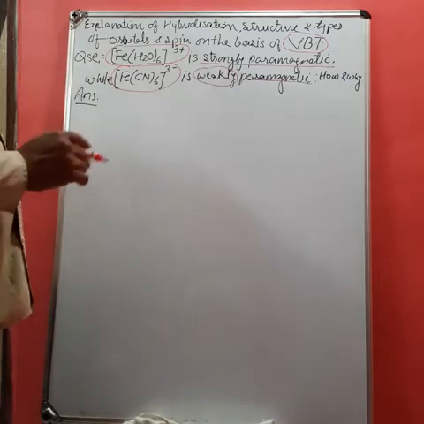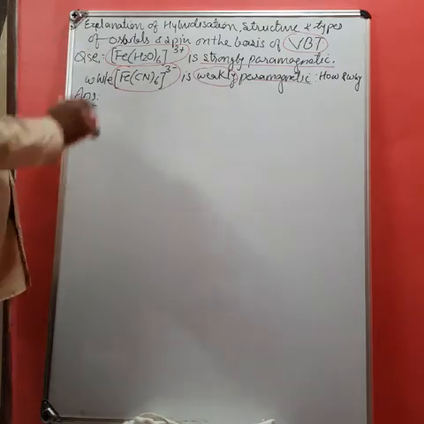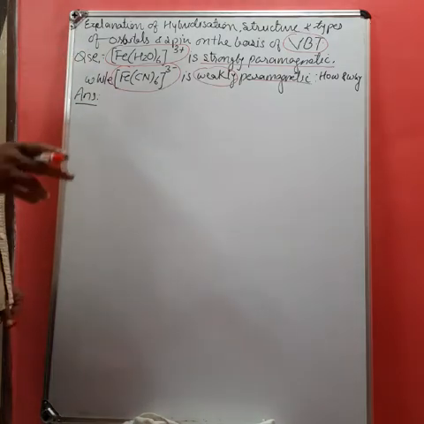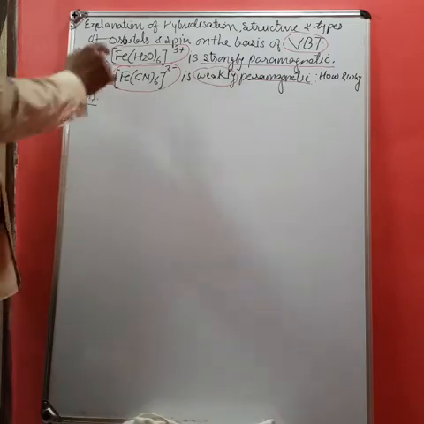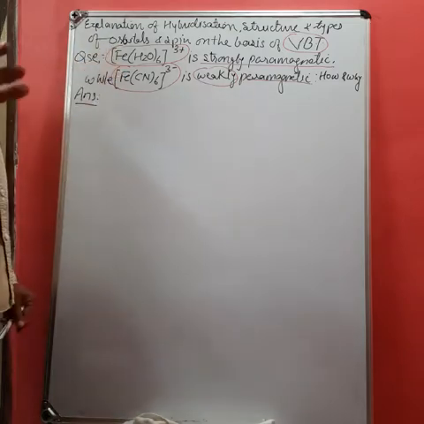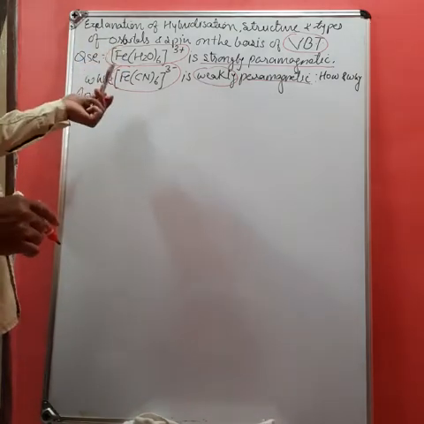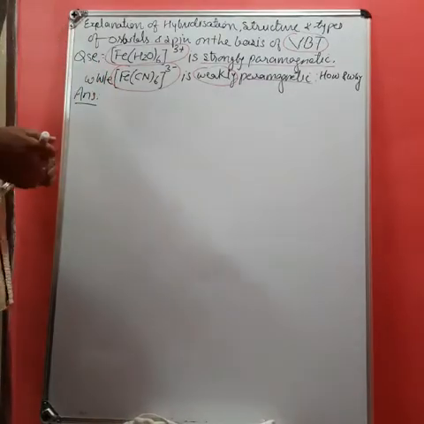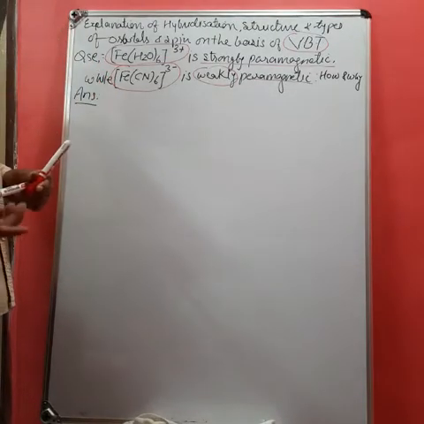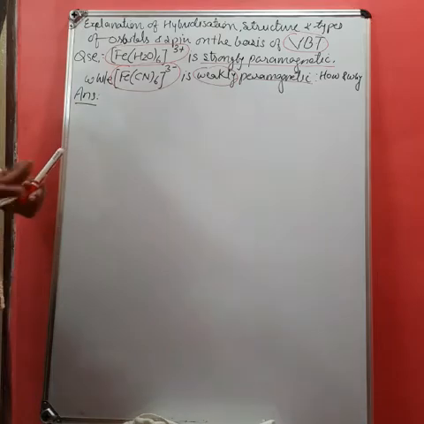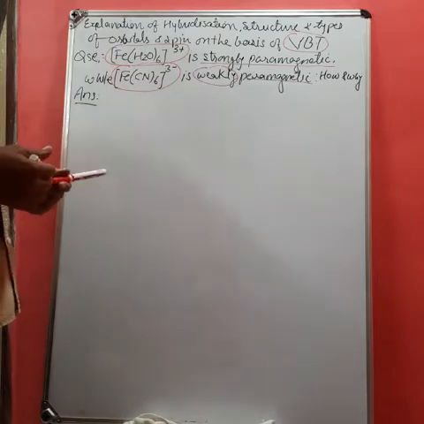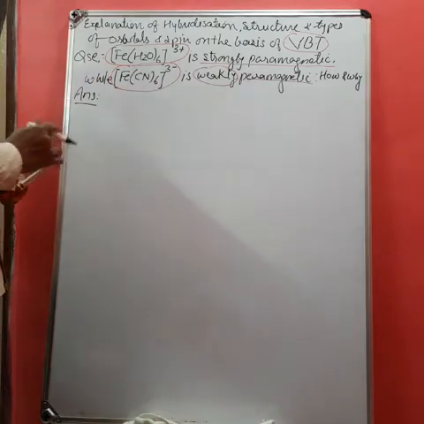The oxidation state of iron is again +3, and the central metal is also iron. So these are the similarities. However, the magnetic behavior of the compounds differs, and also the type of orbital differs. So how do we solve this question?